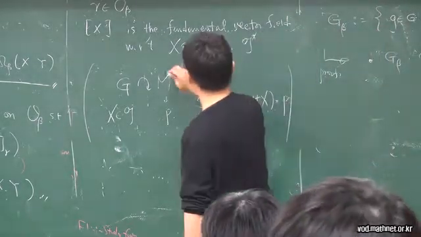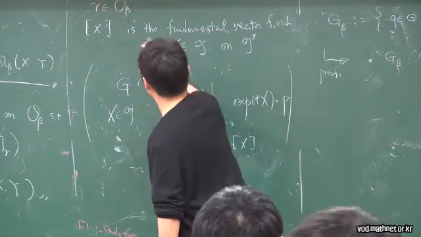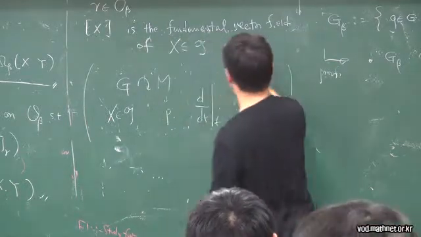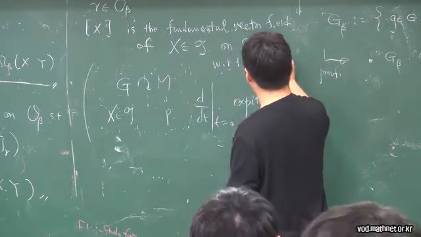So you have a fundamental vector field over X with respect to the coadjoint action.